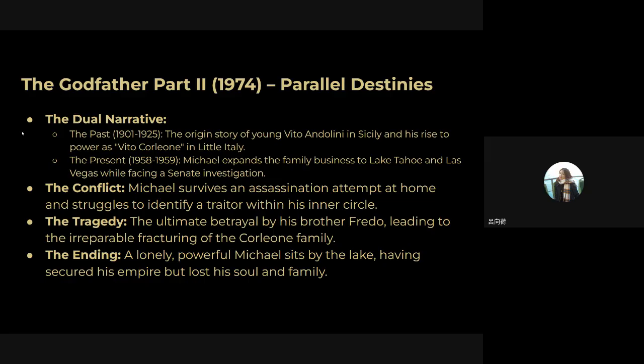I think the second episode really shows the difference between the old Godfather and the younger Godfather. The old Godfather always really cared about the family, and I don't think that when he faced betrayers in his family, he would just kill them.